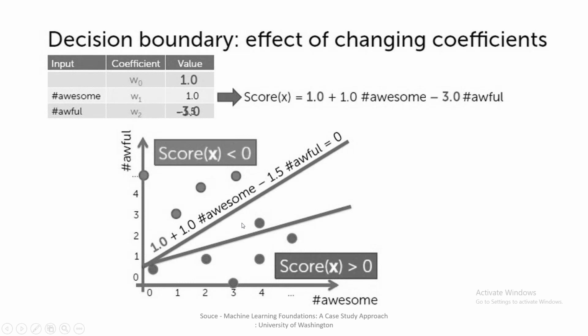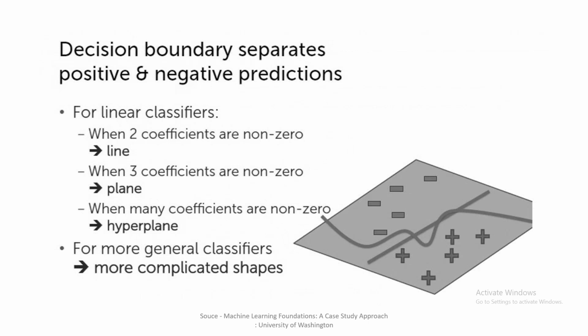Had there been three words, the decision boundary would have been a plane, because my independent variable space would be three-dimensional, and a plane can dissect a three-dimensional space into two parts, one above the plane and another below the plane. But in real life the number of features will be more than 1,000 or 10,000, 50,000, 1 lakh. This is very difficult to visualize.